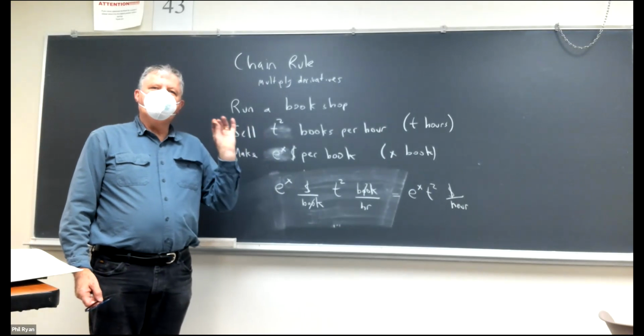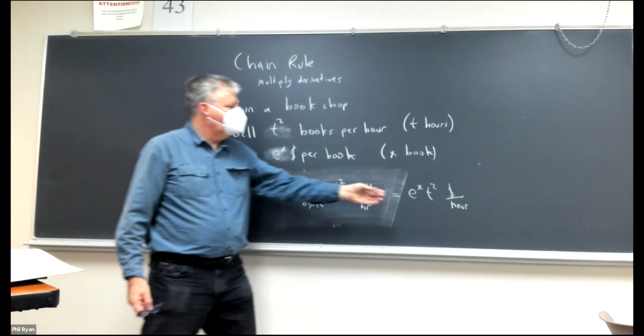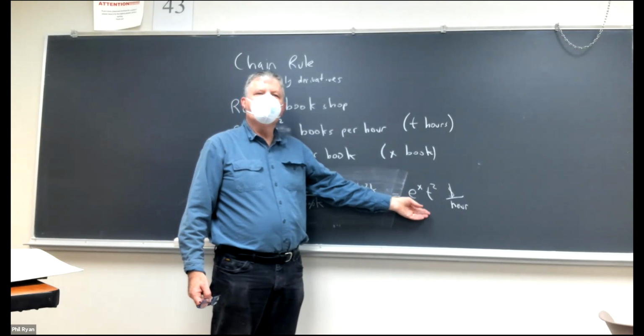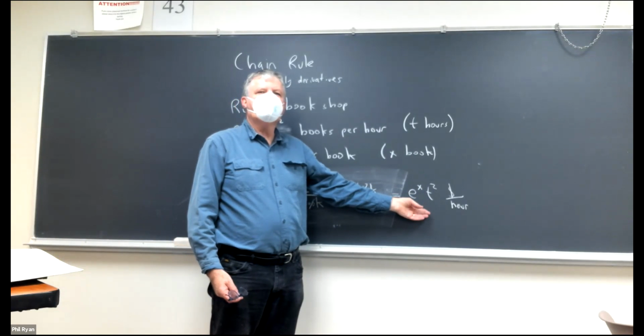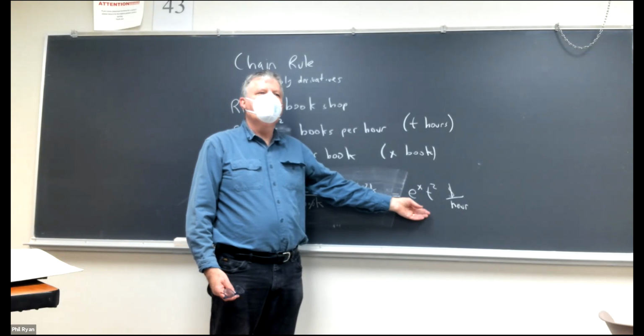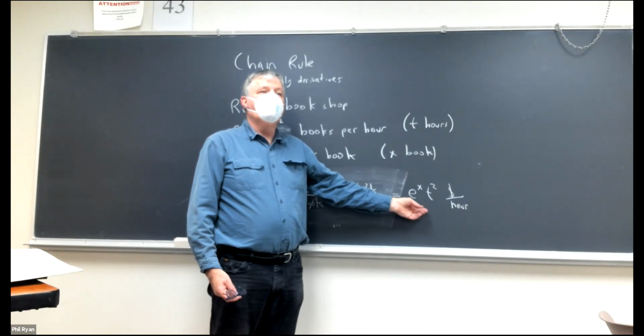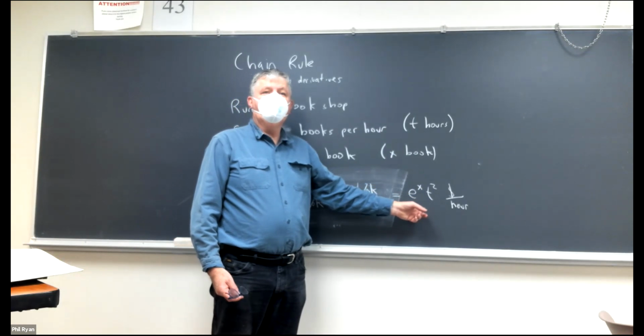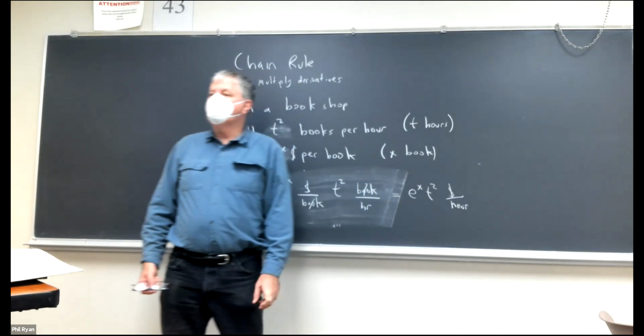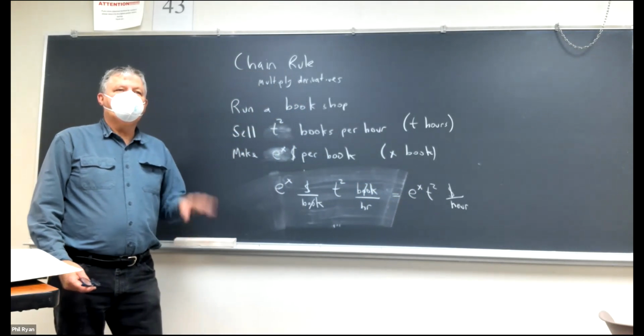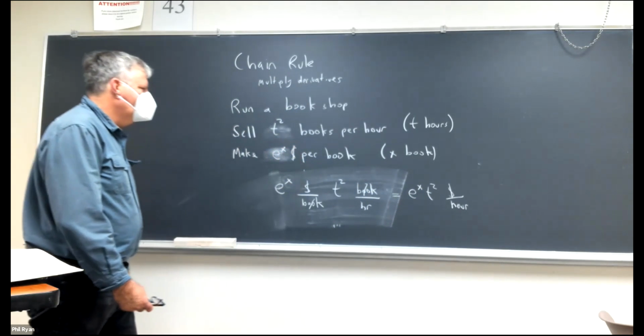There's one little thing that's wrong with this. What's wrong with this expression, which is not how we like our expressions to be? We've got x and t in there, right? Because usually when we have functions, we like to have just one input.